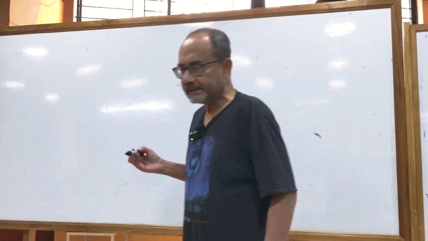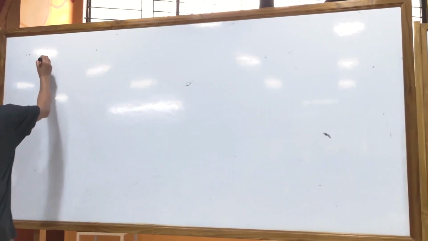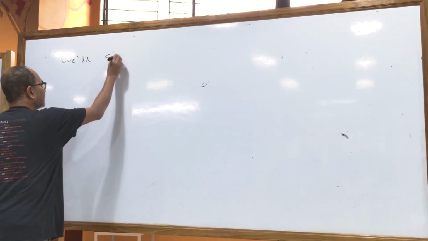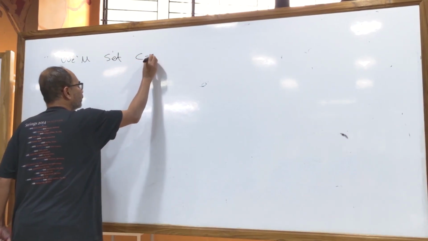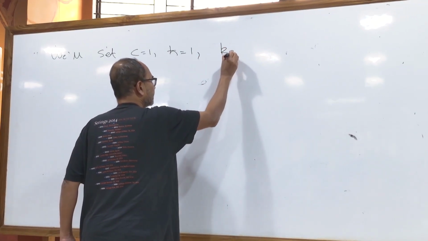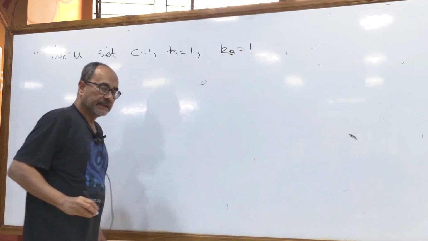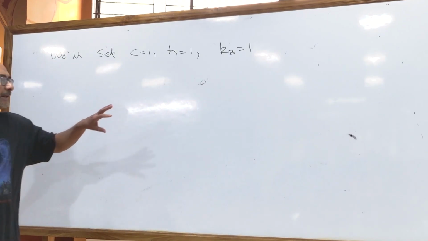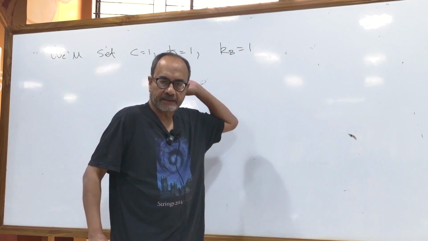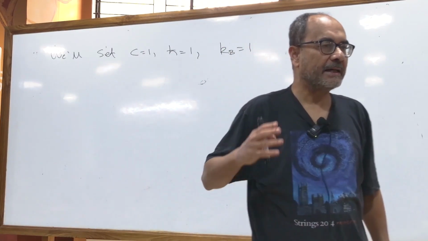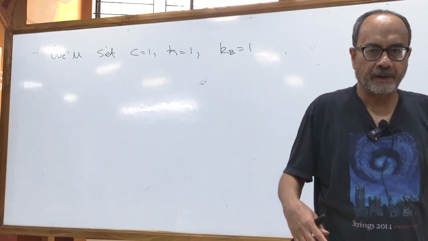Okay. So we'll set c equal to 1, h bar equal to 1, k_B equal to 1. This is the Boltzmann constant. Okay. So k_B equal to 1 is reasonably easy to understand what it means, right? Because k_B appears only in two places. One is the expression for the entropy, one is the expression for temperature, right?